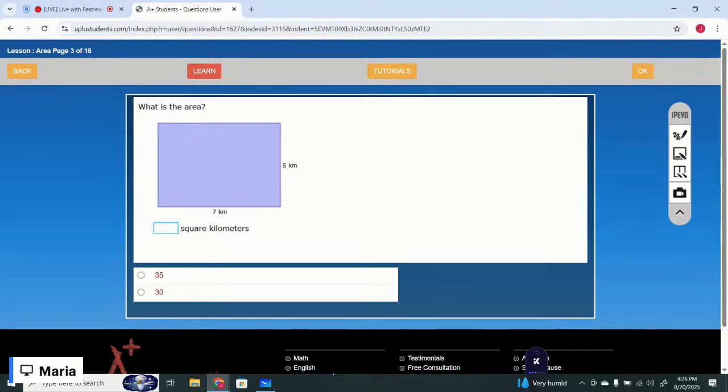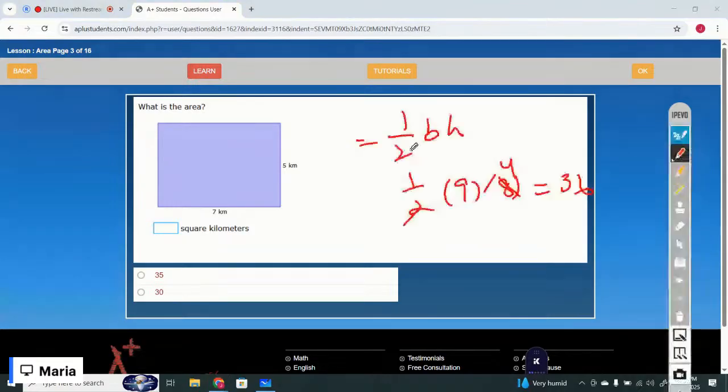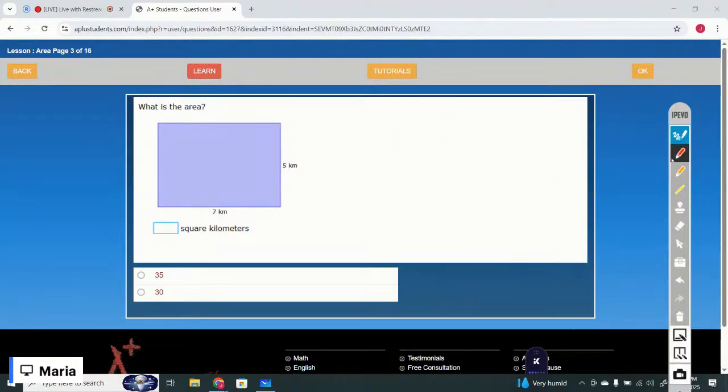So that is 7 times 5 is 35. The area of the rectangle is length times width, right? So you have to do 7 times 5, that is 35 square kilometers.